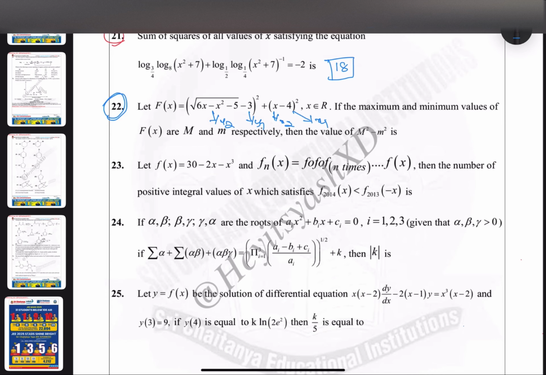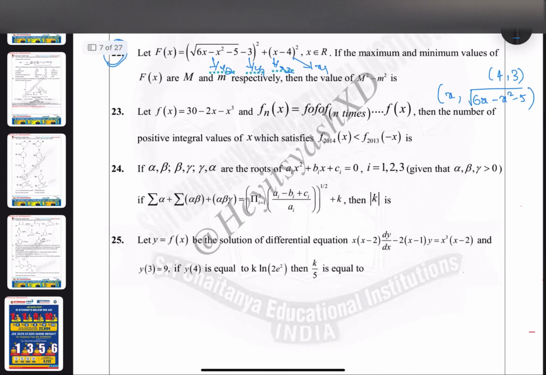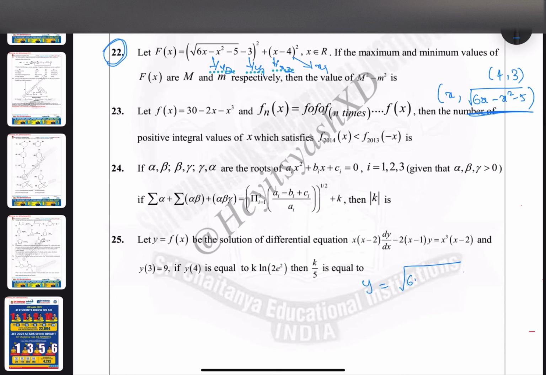So x1, y1 is 4 comma 3, and x2, y2 is x comma square root of 6x minus x square minus 5. So if you consider this, y is equal to square root of 6x minus x square minus 5. When you square it on both sides, you'll get x square plus y square minus 6x plus 5 equal to 0. So this is basically a circle with center 3 comma 0 and radius 2.